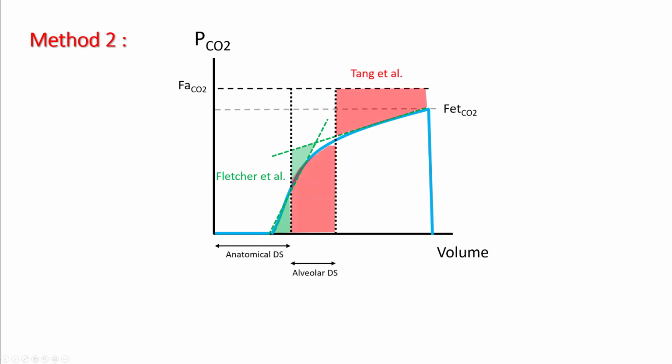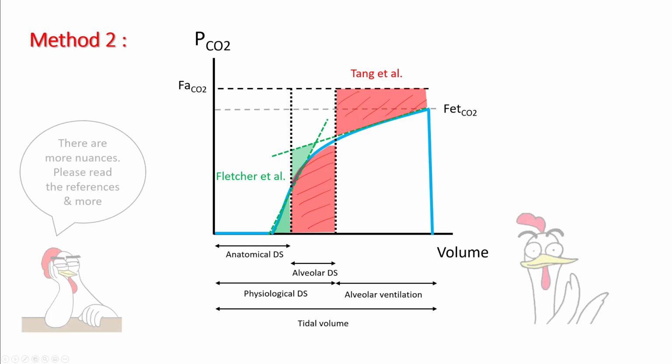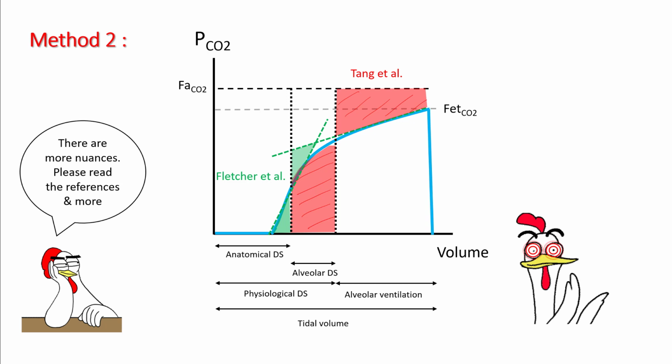If you draw another vertical line so that the area of this trapezoid is equal to the area of this trapezoid, that would represent your alveolar dead space. Therefore, you should be able to get your physiological dead space, alveolar ventilation, and your total tidal volume. If you want to read more about how to get these lines, please read the references.